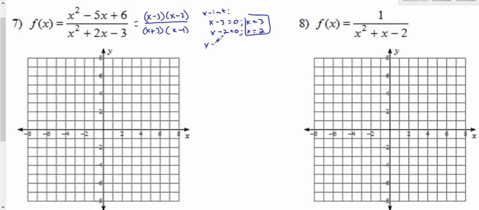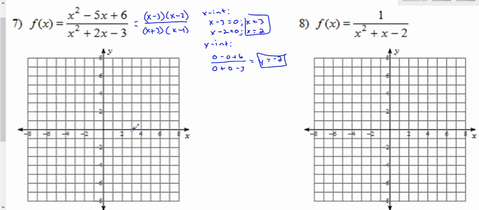My y-intercept, I plug in the value of 0 for my x's, and that creates zeros for all the x terms. I get 0 minus 0 plus 6 over 0 plus 0 minus 3. Positive 6 over negative 3 is y equals negative 2.